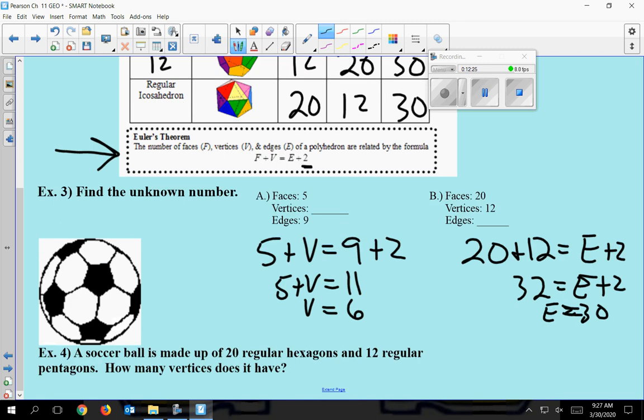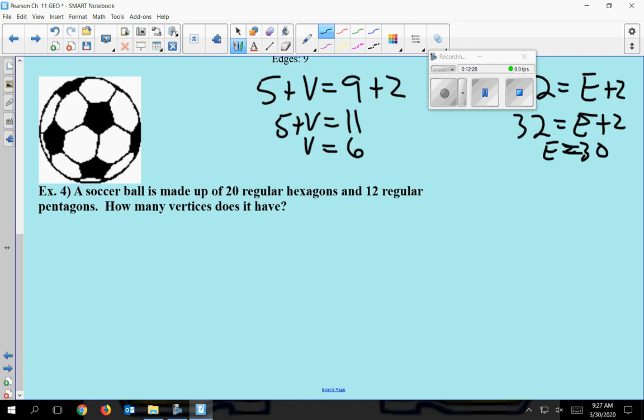So we got this soccer ball thing down here, and we're going to use some common sense. I think that's the kind of soccer ball I used to play with when I was a kid. Now they're more fancy than that. But anyways, a regular old soccer ball was made up of 20 regular hexagons. That's the white panels of the ball. And then it's made up of 12 regular pentagons. That's the black. So how many vertices does it have?